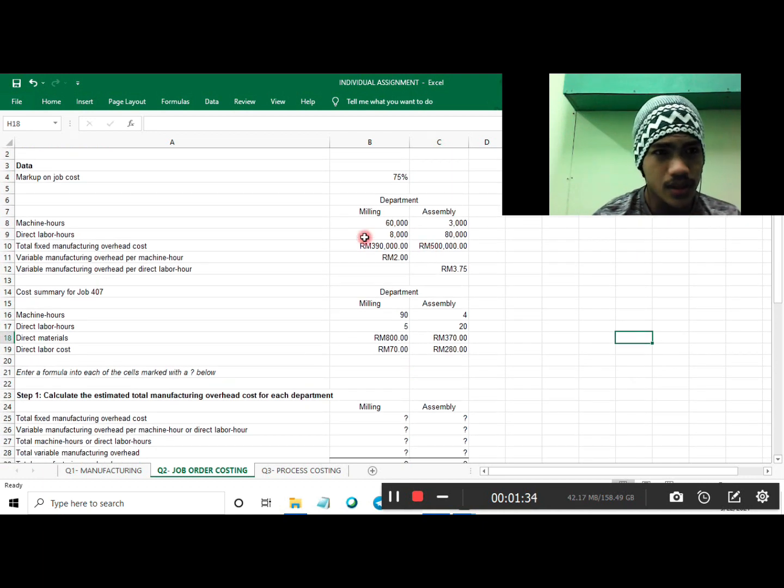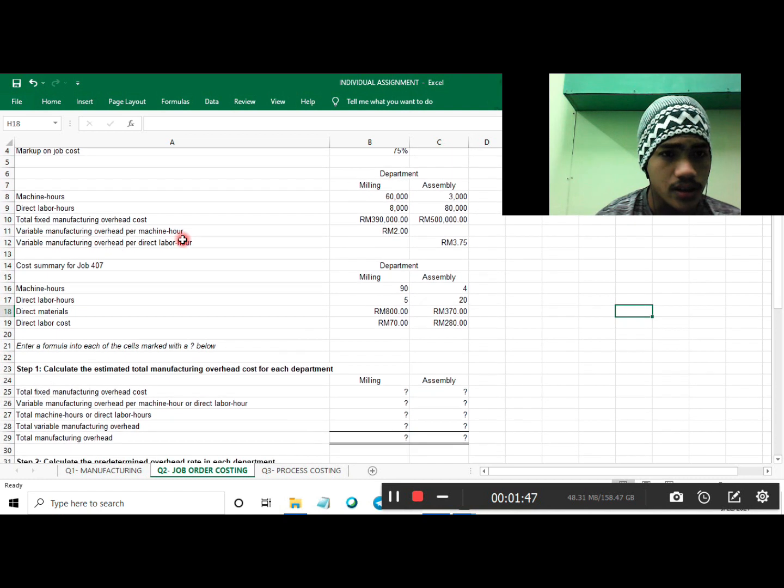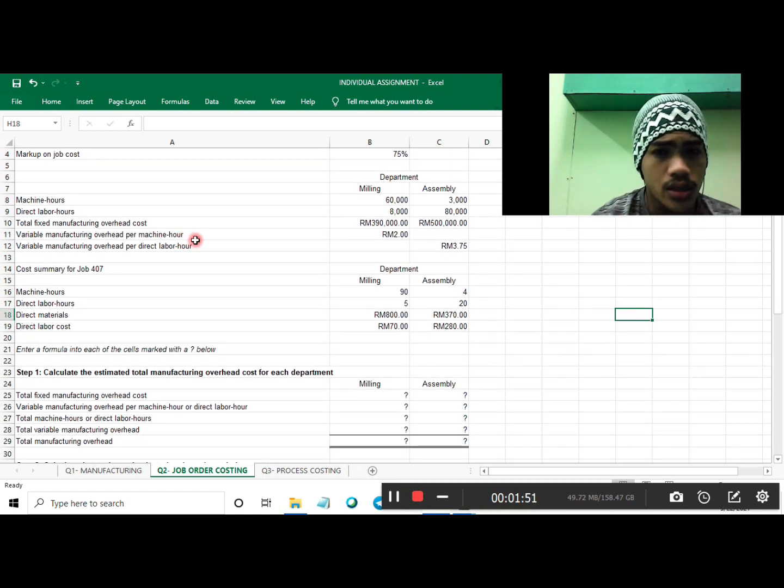So milling has direct labor, total fixed manufacturing overhead cost, and variable manufacturing overhead. For the milling department, using machine hours. For assembly, using direct labor hours.